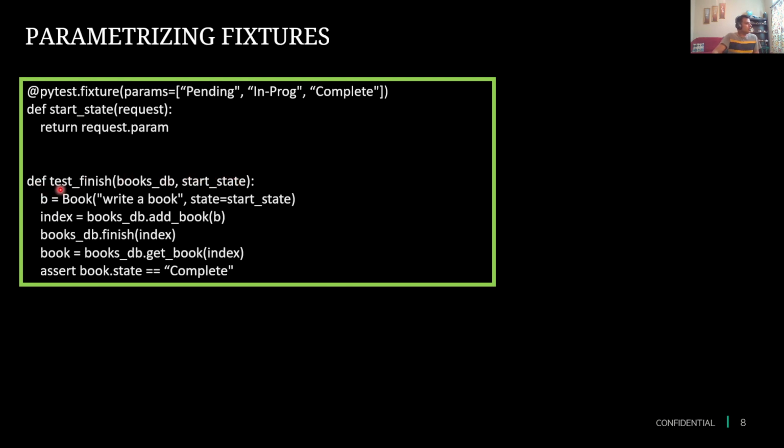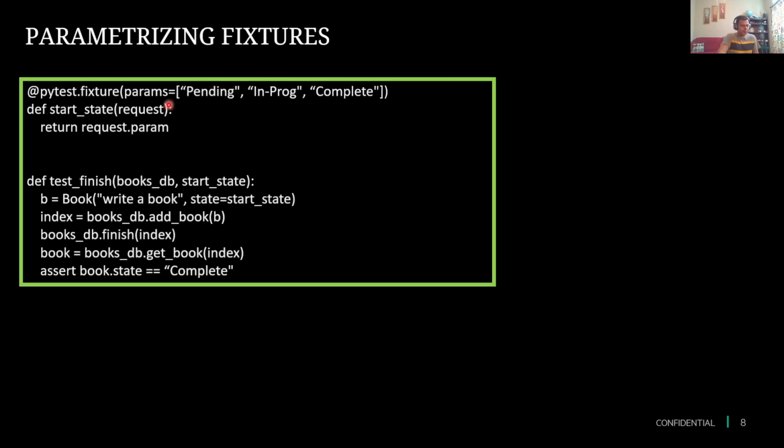So this test finish is using two fixtures, books_db and start_state. The start_state is going to uncover all the parameters and pass those parameters to this test case. Again, this test case is going to be called as many times as we have param values.